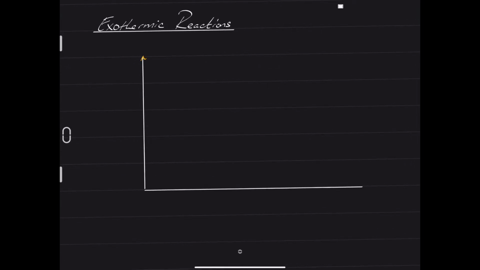Ensure that you've got your graph correctly with the arrowheads as well, showing which way it's going forward. Once you've got your axes, you will need to label them. On the x-axis, we have progress of reaction. And on the y-axis, we're going to have energy.